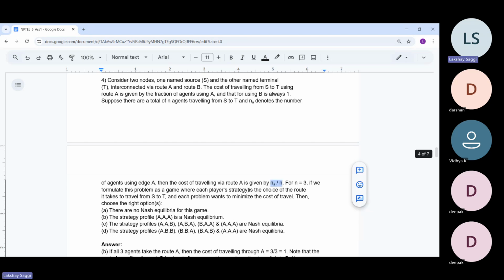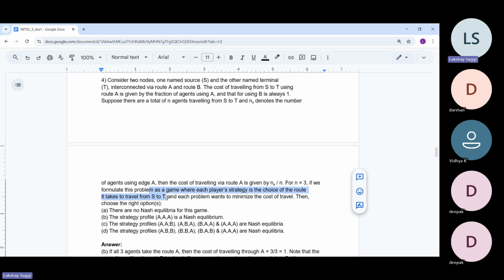And now for n equals 3, let's just suppose that there are three people who are traveling from source to the terminal. Then we can formulate this problem as a game, where each player's strategy is the choice of the route it takes to travel from S to T. So what does this mean?